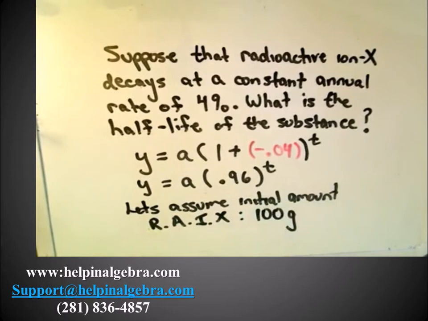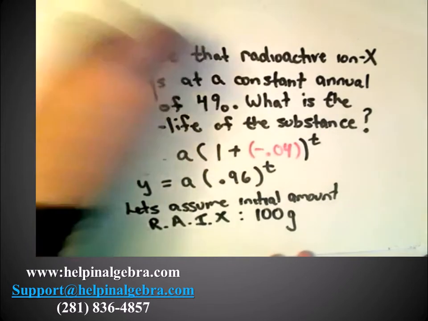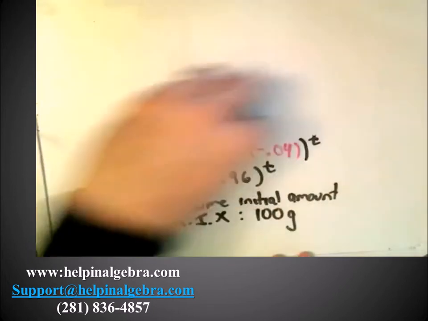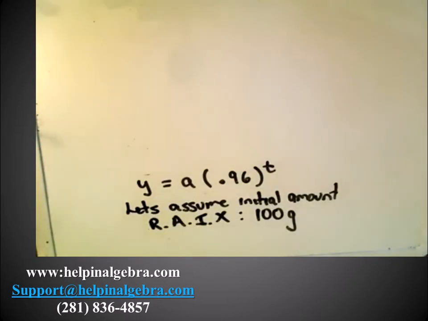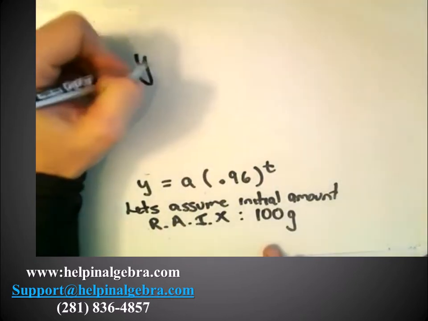The half-life is going to be the same no matter what amount you start with. We could do it generically in terms of A, but I like to use numbers because they make more sense to poor Patrick.